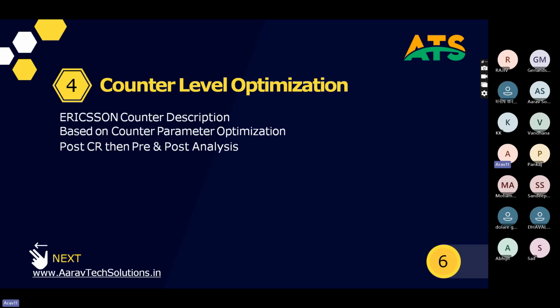After approval, you implement the changes, and then you have to monitor the site to see whether it is working properly, and do pre and post analysis. How will you share with the customer that after changing the parameter you got the improvement? We will share real-time case studies and how they can be represented to the customer. So you will learn that in our training session.